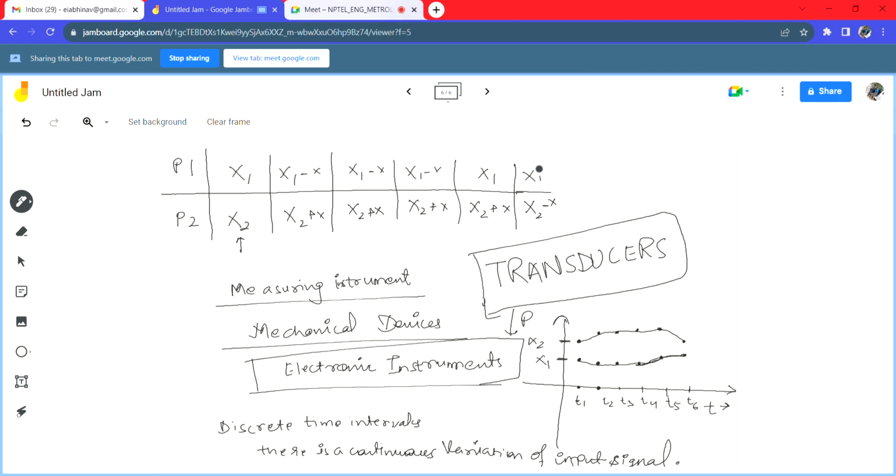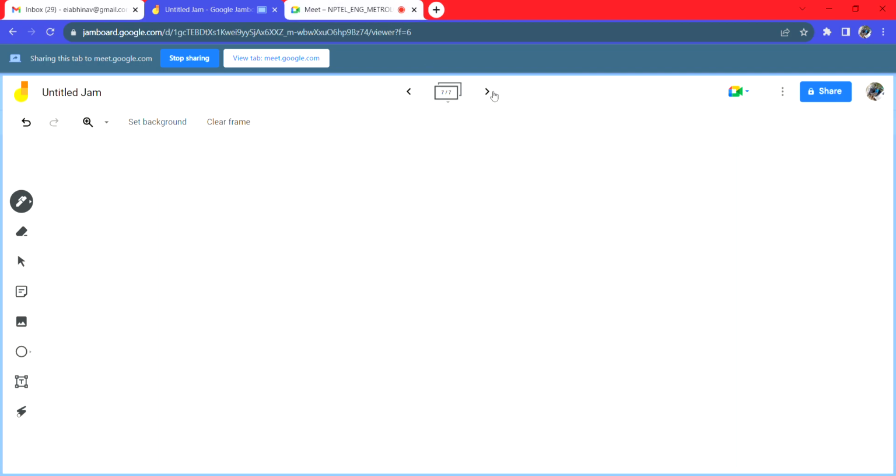Okay, so if we get a graph like this, and again for pressure we plotted, we can have a graph like this for temperature also, wherein we can say that over the period of 24 hours, the temperature varied like this for city A, and for city B it varied like this over the period of 24 hours.